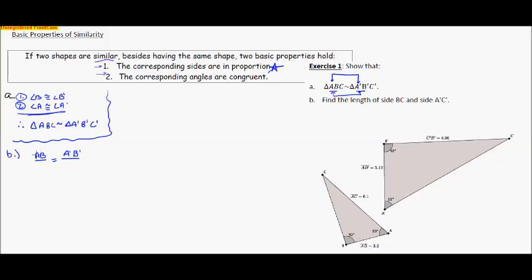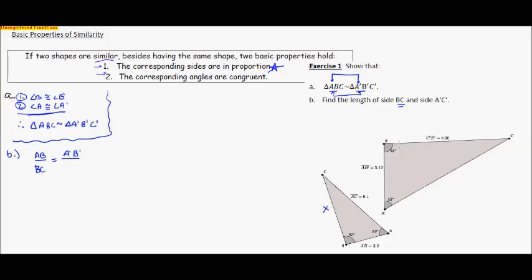So I went AB equals A prime, B prime. Now I need to finish my proportion. They want me to find the length of side BC, so I better include side BC in my proportion, and they don't tell me how long that is, so I'm going to call that X.